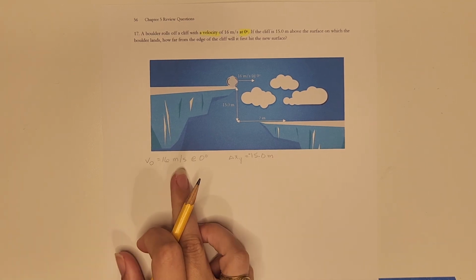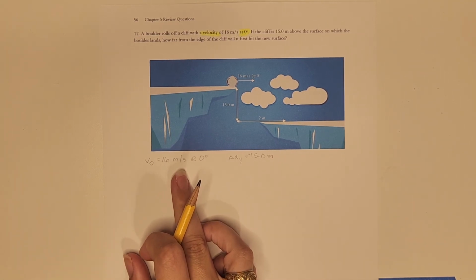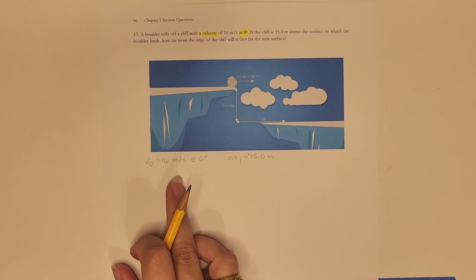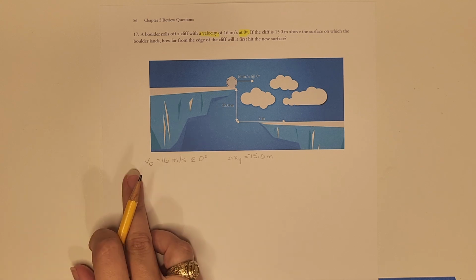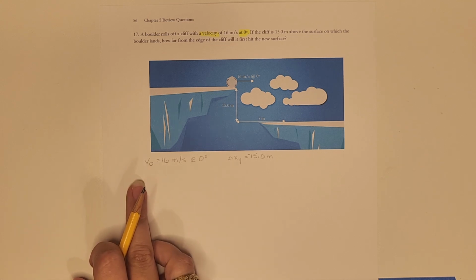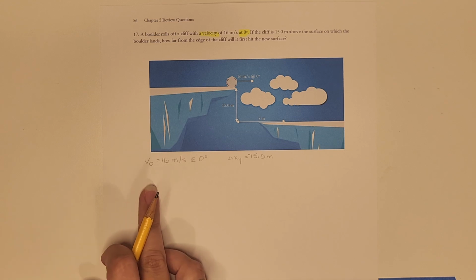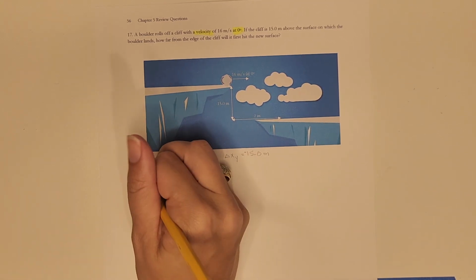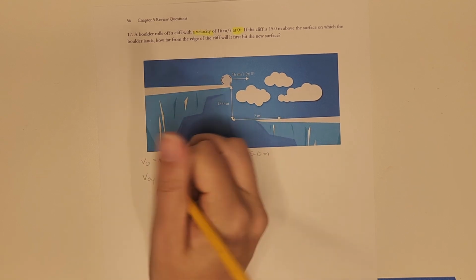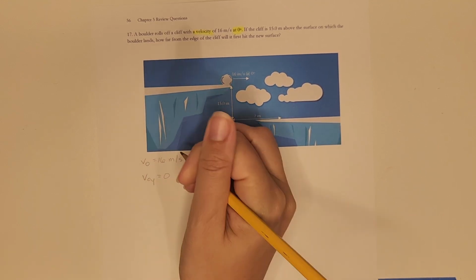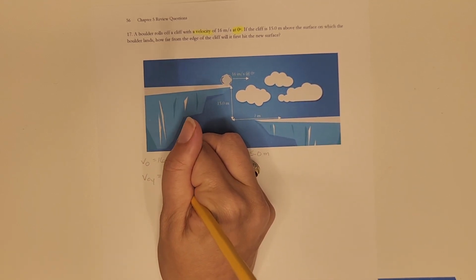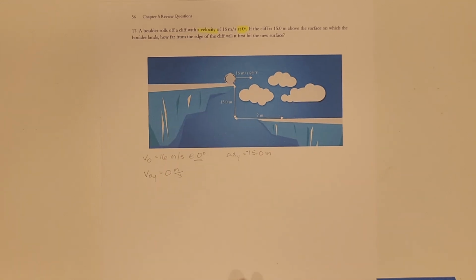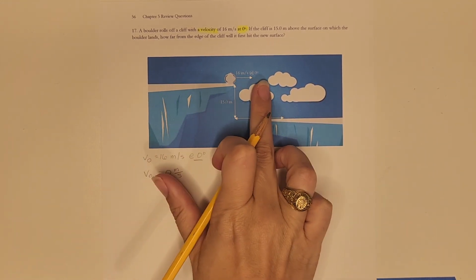So we actually don't need to do a lot of equations to figure out our y component velocity or our x component velocity, because this is at 0 degrees. So our y component velocity is 0. That is what we're starting out as, because it is just going straight off this cliff.